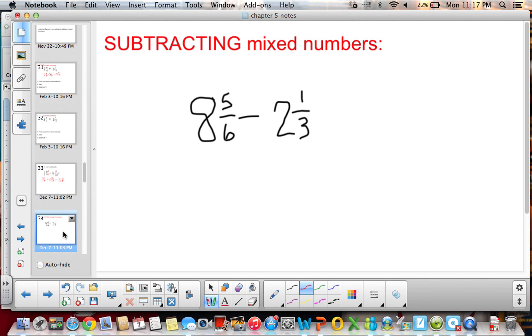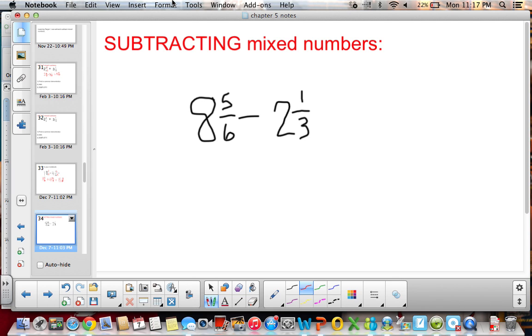Okay, if we're subtracting, first of all, we want the whole numbers, the bigger one, to be first. Then we need to look at the fractions, and we are subtracting 5/6 minus 1/3.